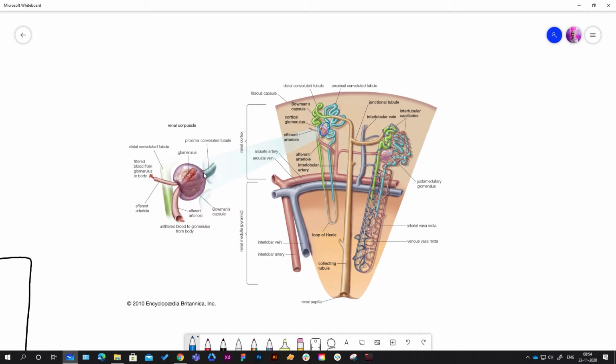After this glomerulus, we will come to the next one, that is the proximal convoluted tubule. I will talk about the proximal convoluted tubule or selective reabsorption in the next lecture. We'll stop the lecture here with the formation of primary urine. So, let me revise it once again.